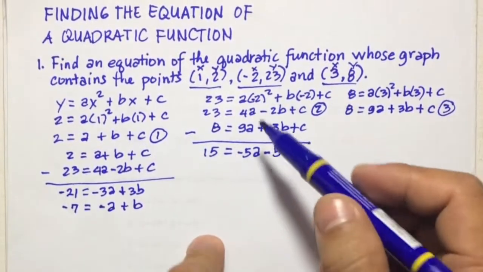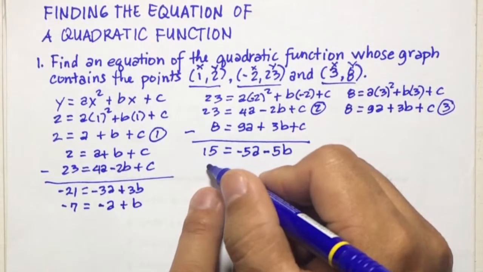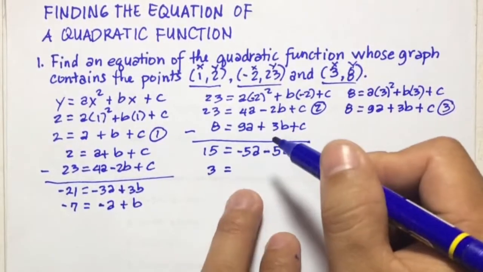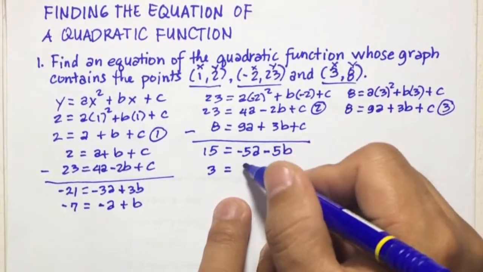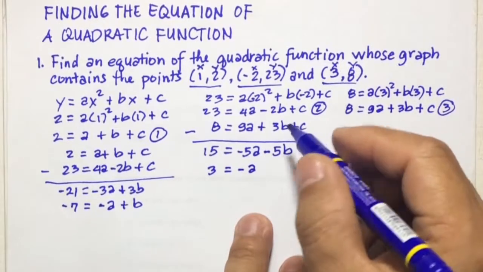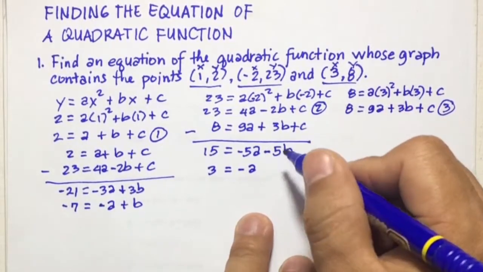Then in the other equation, everything is divisible by 5. So 15 divided by 5 is 3, negative 5a divided by 5 is negative a, and negative 5b divided by 5 is negative b.